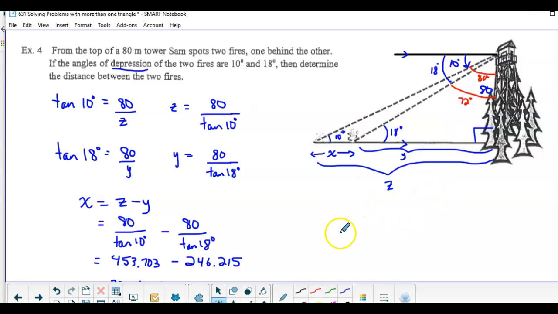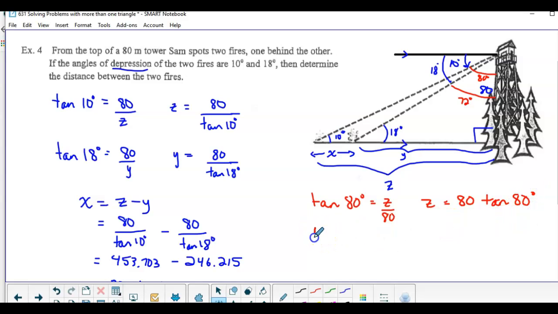Okay, so then what you could do is your Z, so here we would still use tan, but for our outside triangle, we would have tan of 80 equals Z over 80. Different 80, right? That's meters, this is degrees. So Z would equal 80 times tan of 80 degrees.